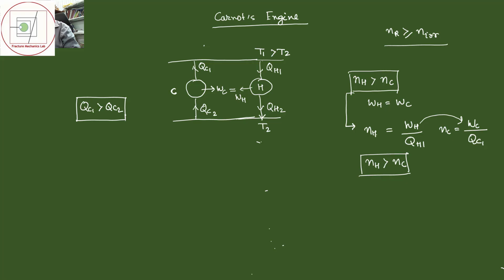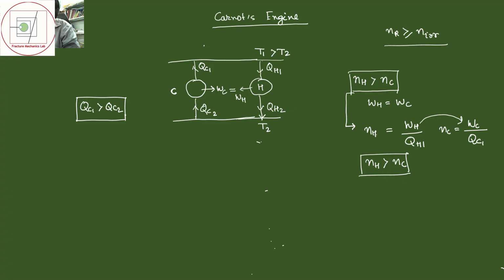So we assume that this is that. And if this is true, that WH is equal to WC, that means whatever work it is doing is running the Carnot's engine in the reverse direction.